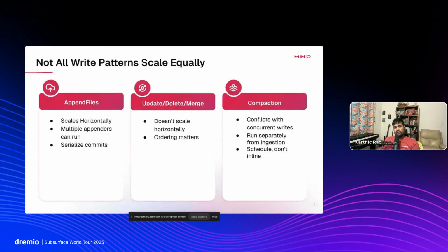Now, there are different kinds of transactions or different kinds of writes based on the nature of the workloads that you can witness on an Iceberg table. The ones that you often witness at massive scale are the append-only writes, where you don't have any updates or deletes, any kind of mutations on your data that need to be applied.